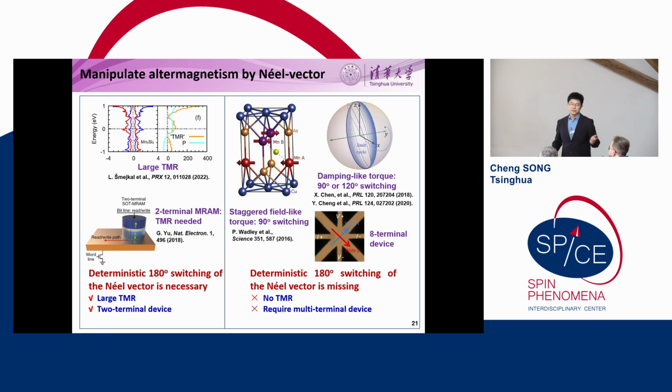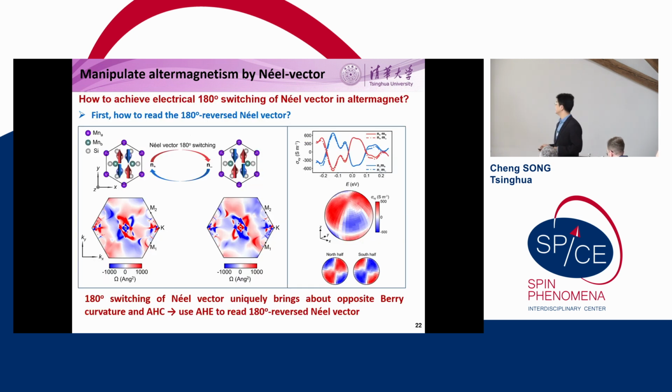Previously, Peter demonstrated field-like torque switching, and my group also demonstrated damping-like torque switching. These devices show 90-degree or 120-degree switching. Also, the device needs a lot of terminals, at least 4, but here it is 8, so it's not good for device integration. So 180-degree switching is quite important.